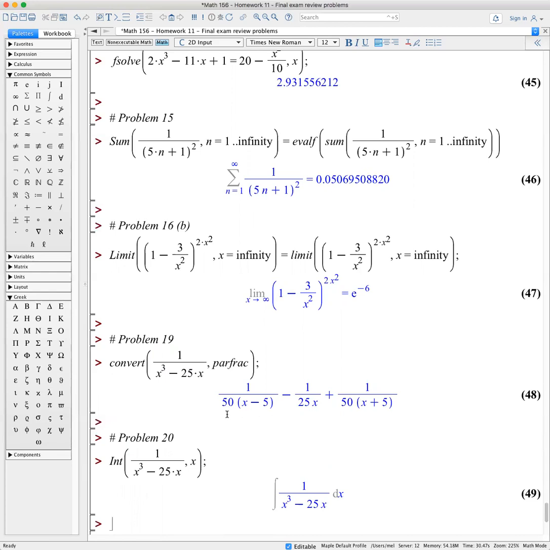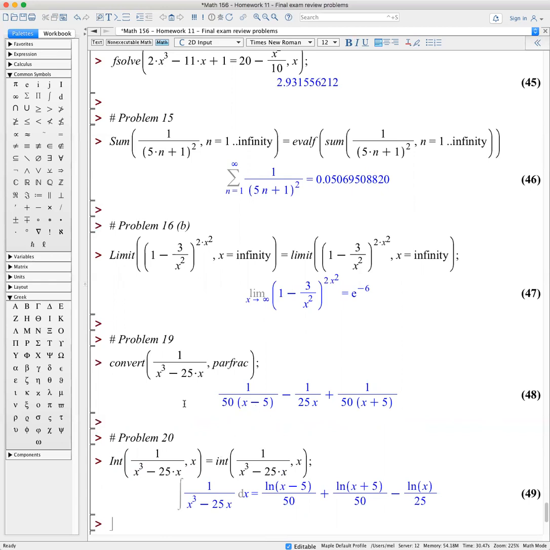Now you can see from this, if you converted this to partial fractions, you'd be getting a log of x minus 5 minus a log of x plus a log of x plus 5. So let's just see what Maple does when we ask it to do it exactly.